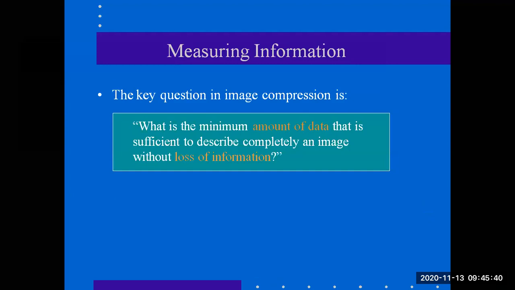So here I am measuring information. The key question in image compression is, first of all, what is the minimum amount of data that is sufficient to describe an image completely without loss of information? This is our main concentration, preserving our original image without losing the information.